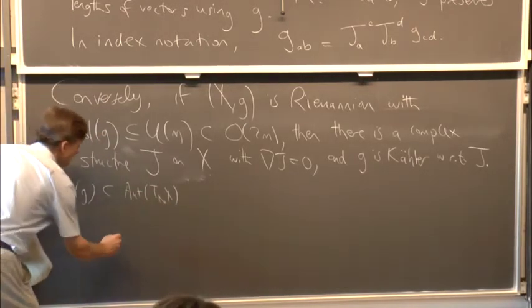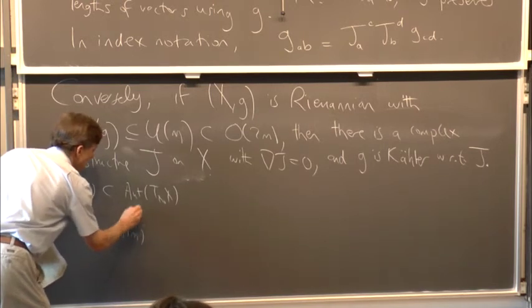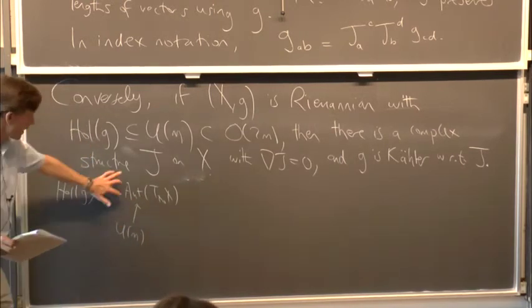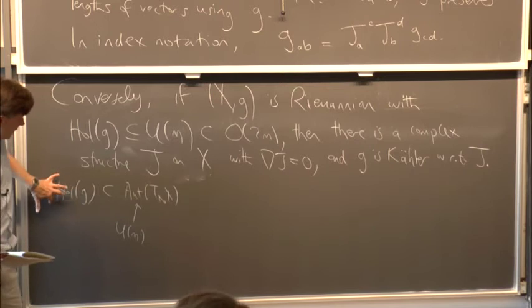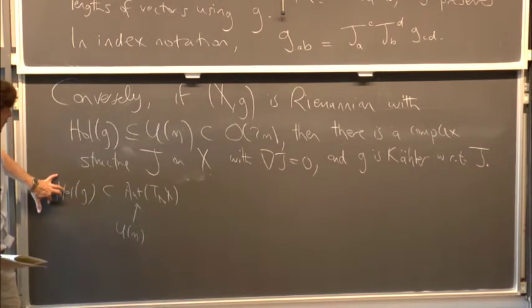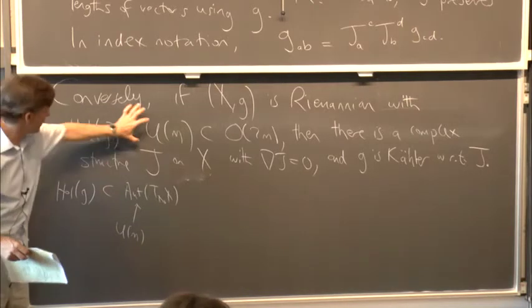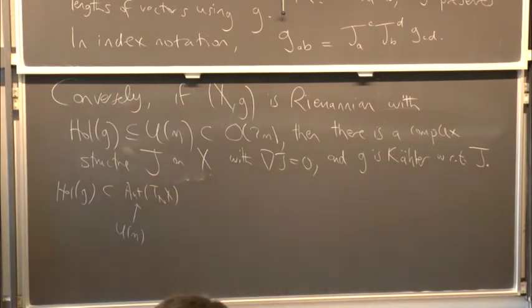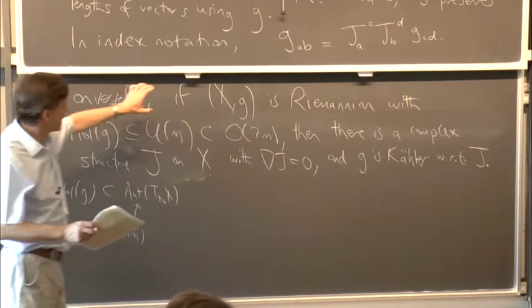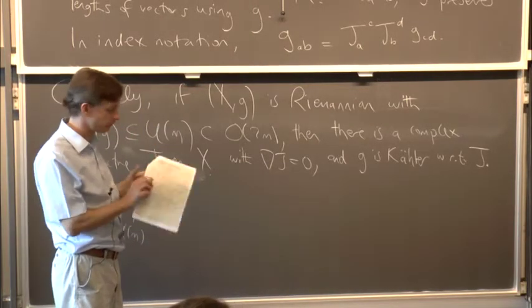If you're given a particular inclusion of U(m) into there, containing the image of Hol of g, then that defines a particular J. So in that sense, an inclusion makes g into Kähler in a kind of unique way.